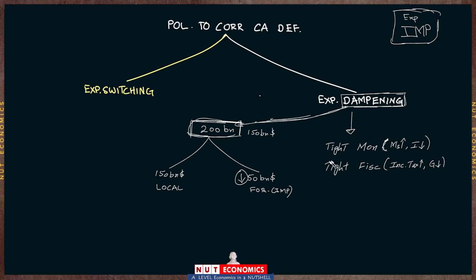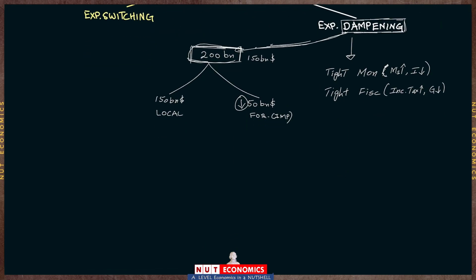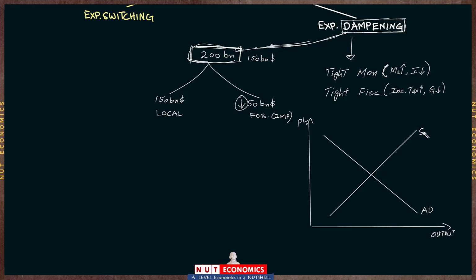Now, what both tight monetary and fiscal policy will do is that if you have a country whose initial equilibrium is here, let me write it down over here. So let's assume that this is the initial starting equilibrium of a country that faces a current account deficit.